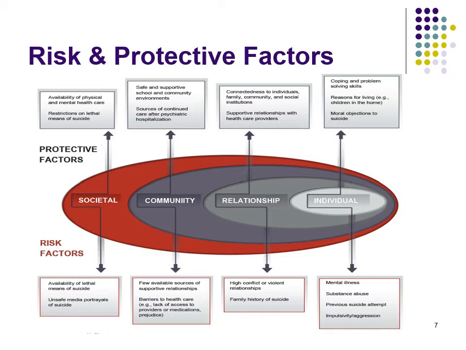If they have a firearm in the household, that makes it more of a risk. Some of these other ones: if they have care after they're hospitalized, so if somebody goes into the hospital, if they're able to have follow-up treatment, if they don't feel like it's moral to kill themselves.